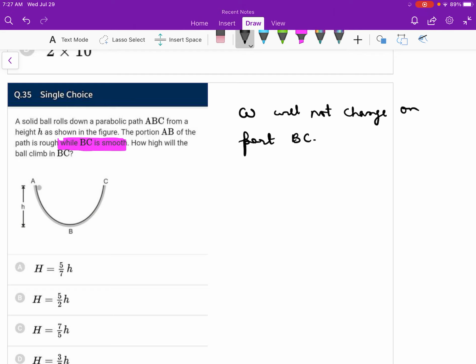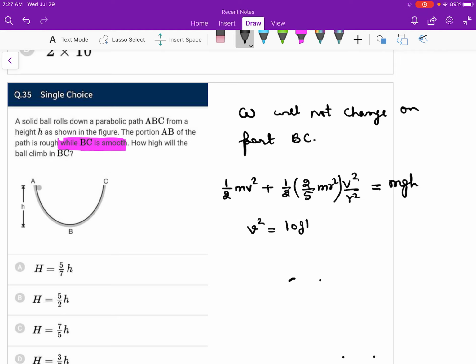All right, so the speed at point B: half mv square translational kinetic energy plus half into 2 by 5 mr square into v square by r square rotational kinetic energy is equal to mgh. So we are getting v square is 10 gh by 7.